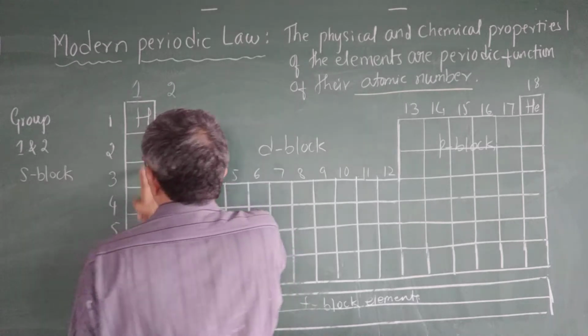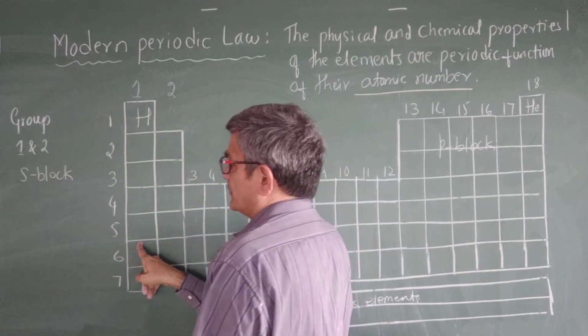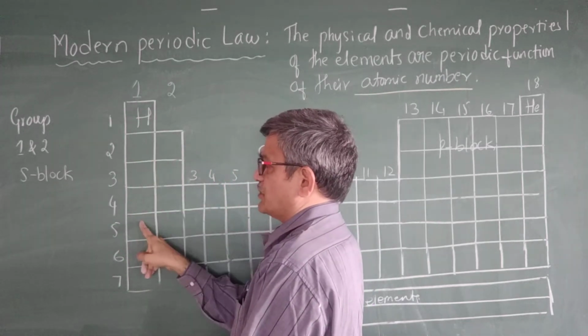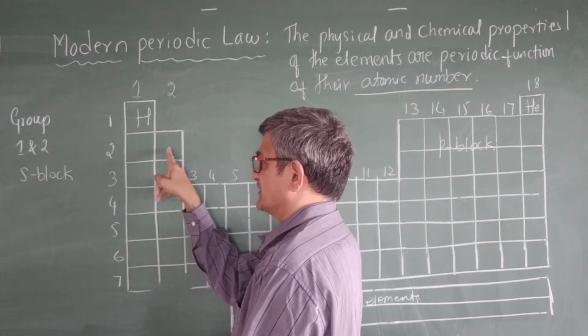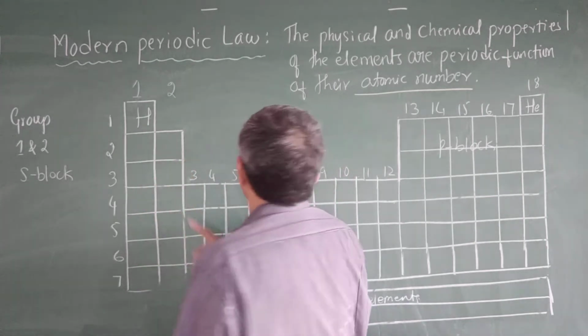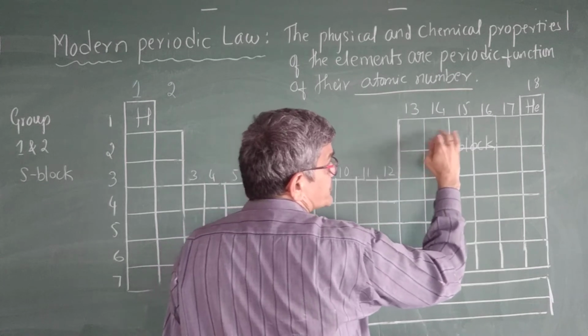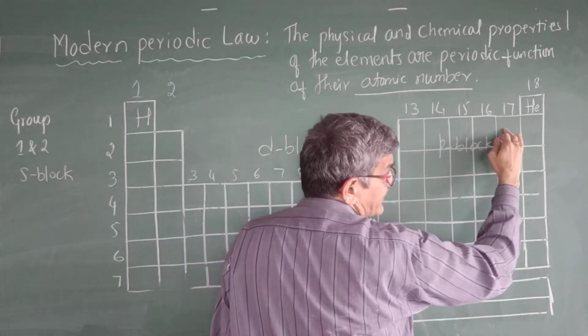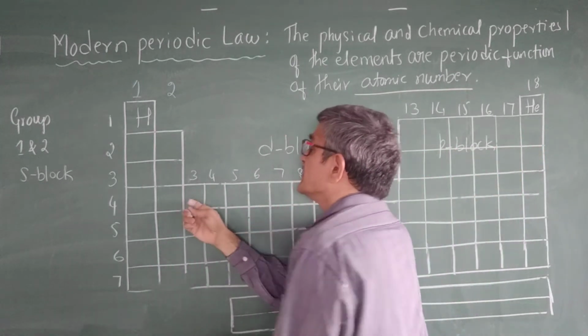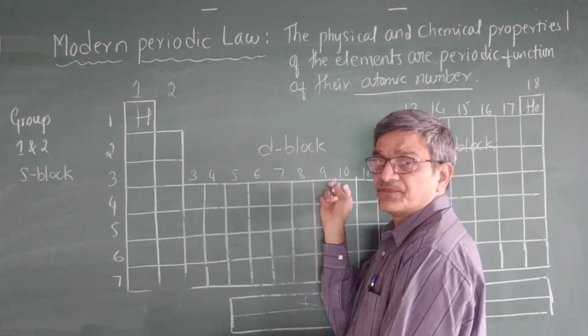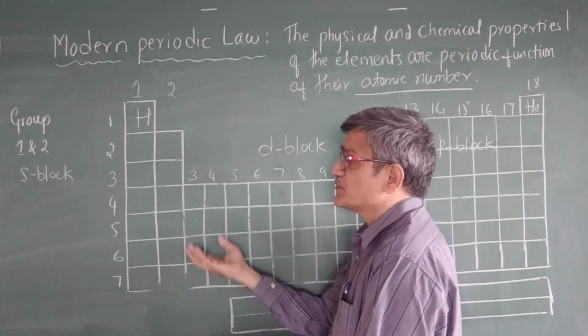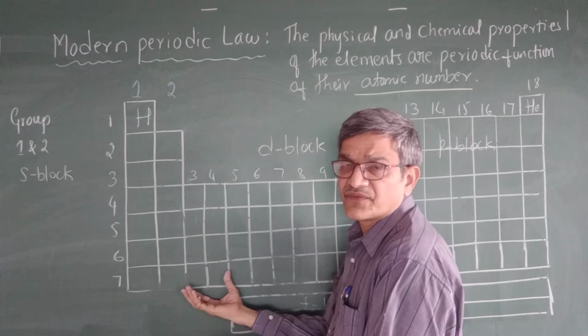Here we get the s1 electrons: the outermost electron is in the s orbital with only one electron. This is s2, ns2. Then p1, p2, p3, p4, p5, p6. This is d1, d2, d3, like that. They have distributed it based on electronic configuration.